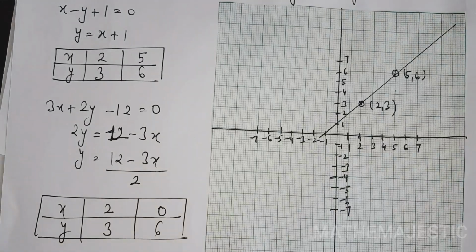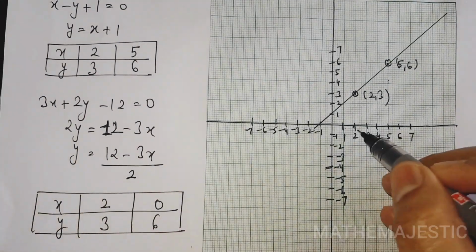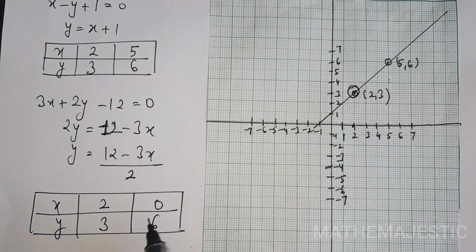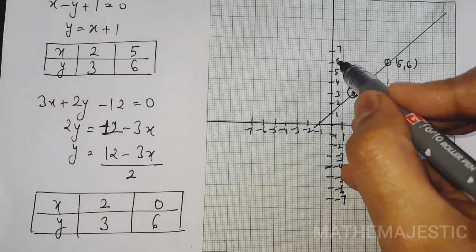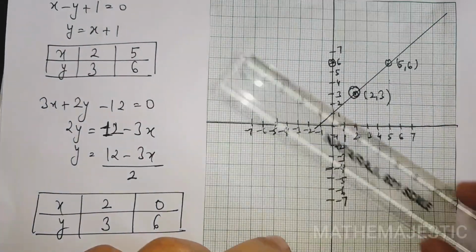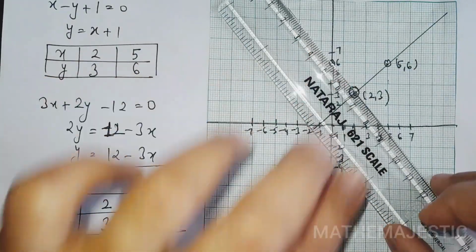Now we have to plot the points of the second equation, that is x 2, y 3. If x is 2 then y is 3, so this is the common point between both. If x is 0 then y is 6, so this point is lying on the y-axis, so we got these 2 points basically. So we will join them by a straight line like this.